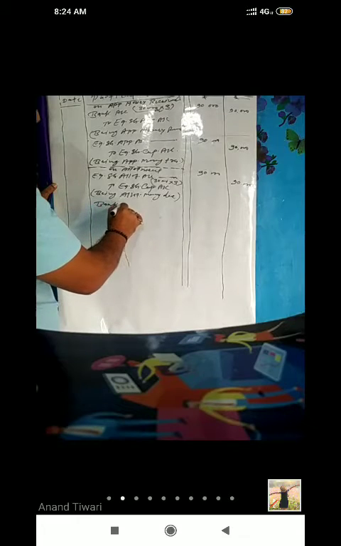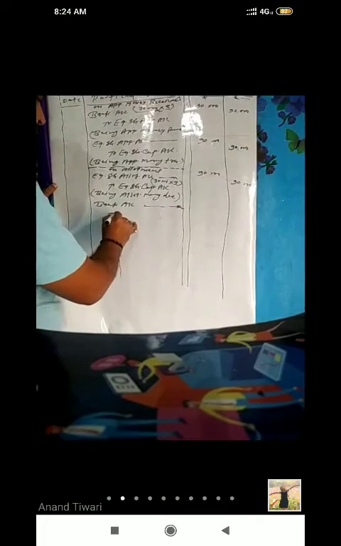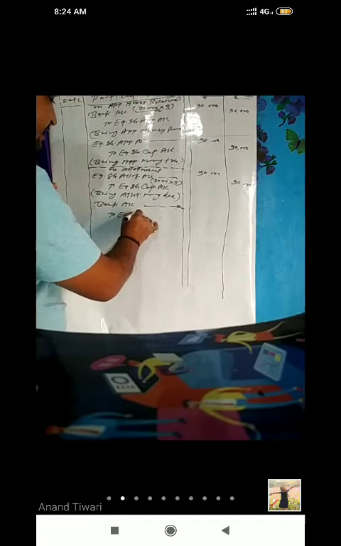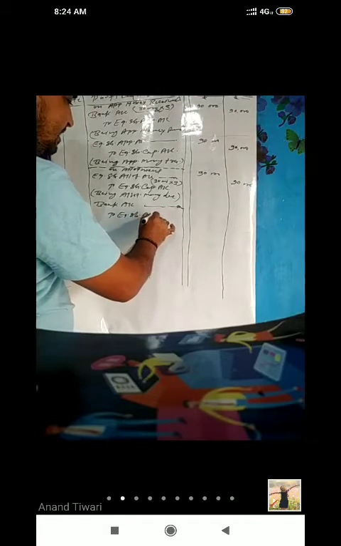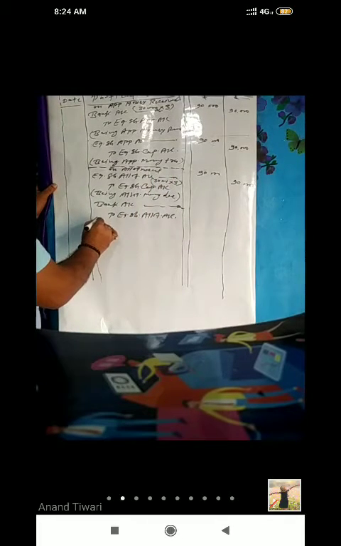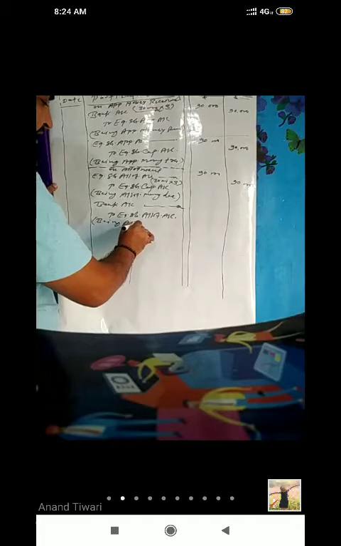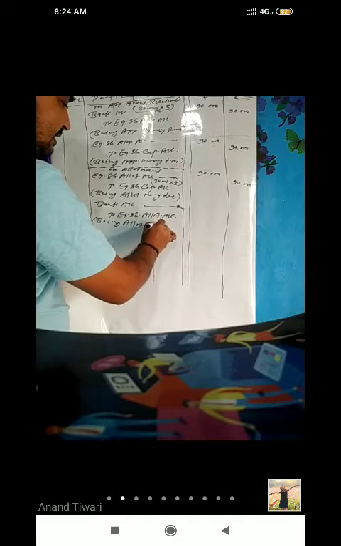And when allotment money is due, the next entry will be allotment money received. That entry will be bank account debit to equity share allotment account, being allotment money received.